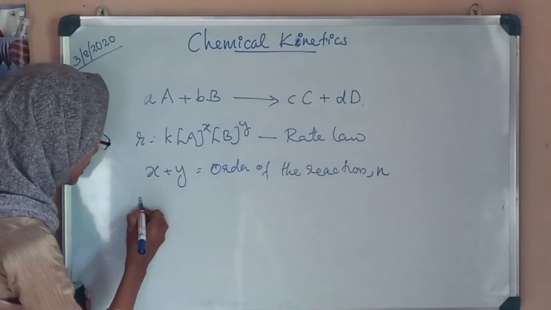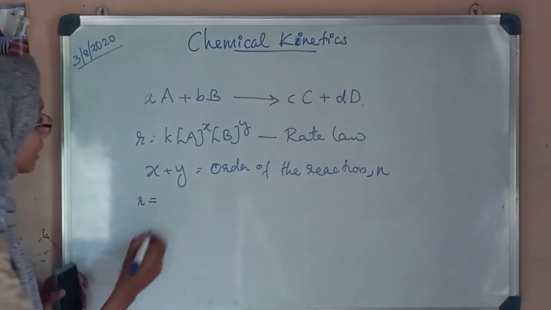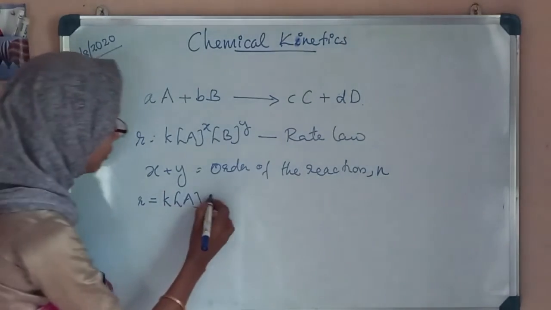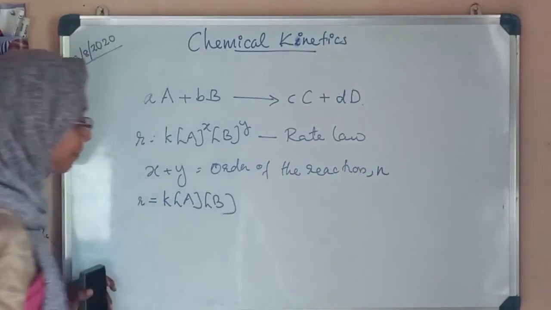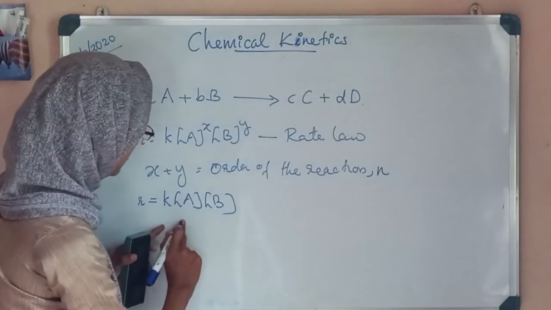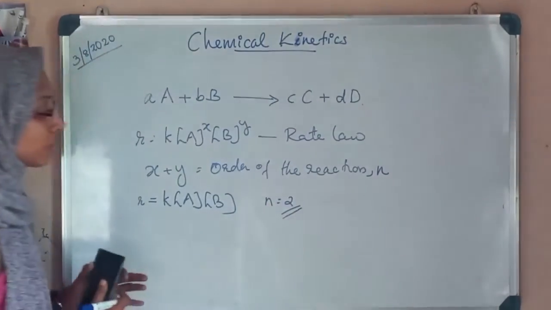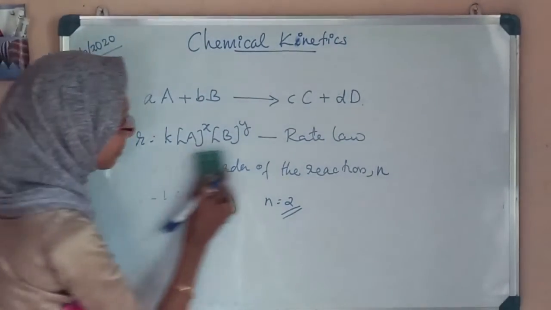Suppose rate is equal to K into concentration of A into concentration of B. Then in such a case the order is equal to 2, which is known as a second order reaction.